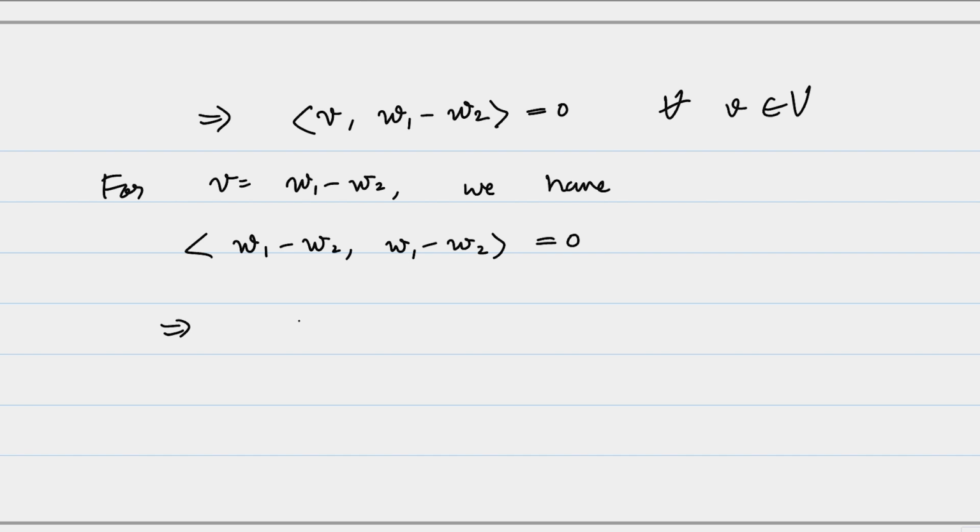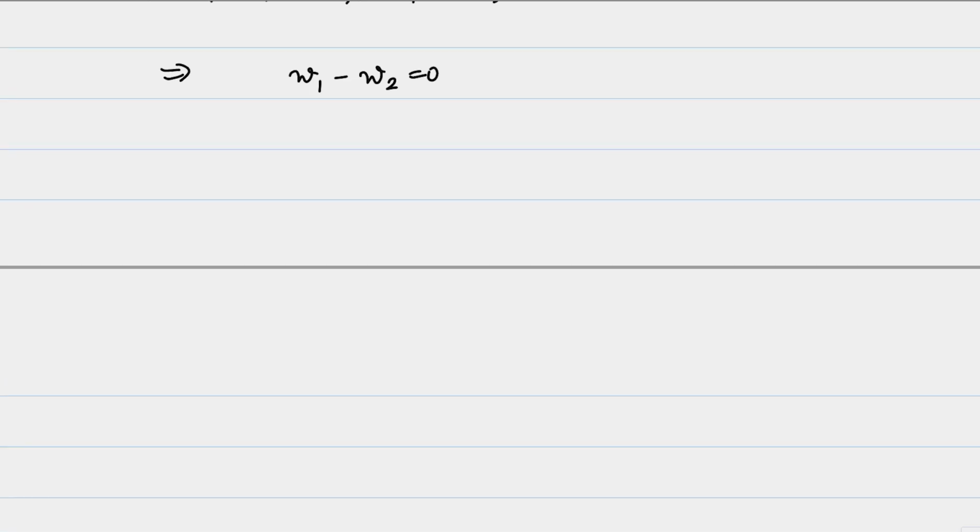So W1 minus W2 is equal to the 0 vector, which implies W1 is equal to W2. And that's what we had set out to prove. So that is just one vector. The vector W does not depend upon the orthonormal basis at all. Okay, that's quite nice. So the Riesz representation theorem is quite powerful in some sense.